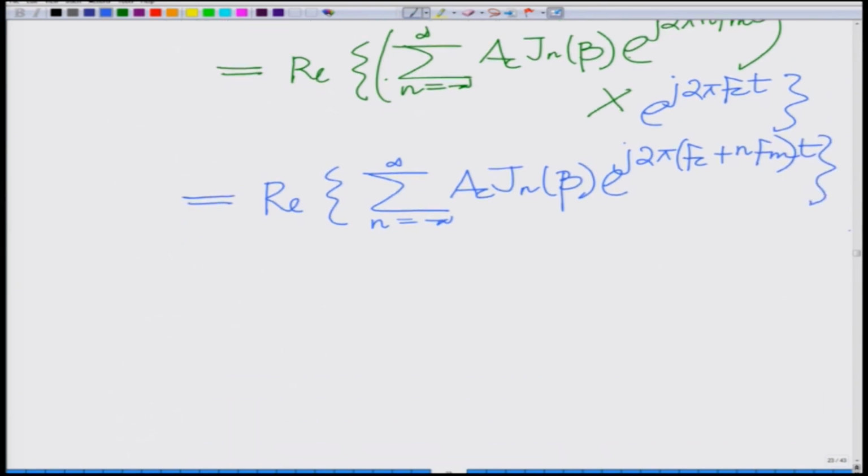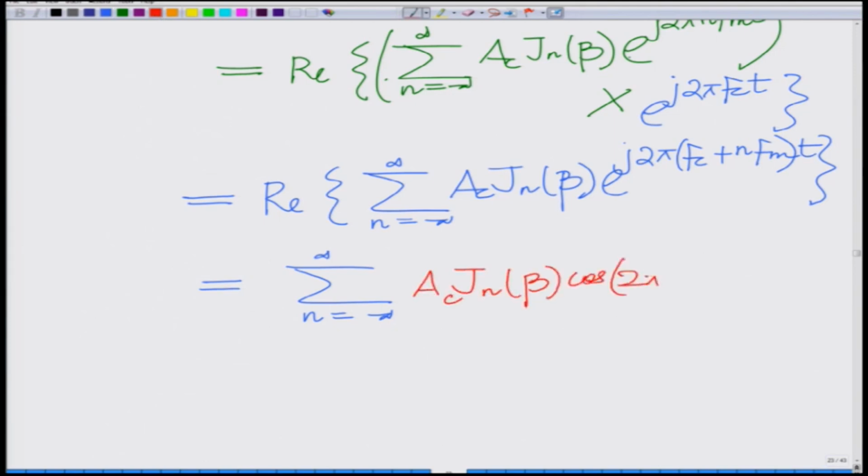Now, if you take the real part of this, the real part of e to the power of j 2 pi (fc plus n fm) t is simply cosine 2 pi (fc plus n fm) t. So, this is simply the summation n equal to minus infinity to infinity of Ac Jn of beta cosine 2 pi (fc plus n fm) t.